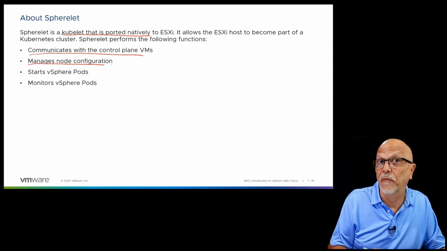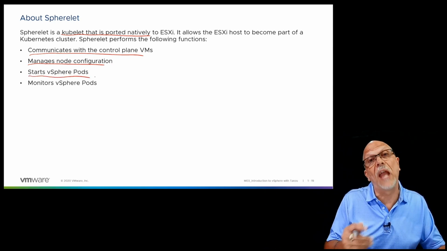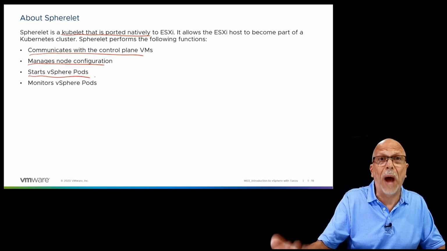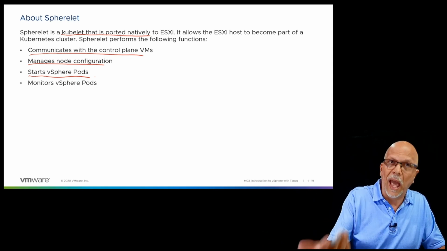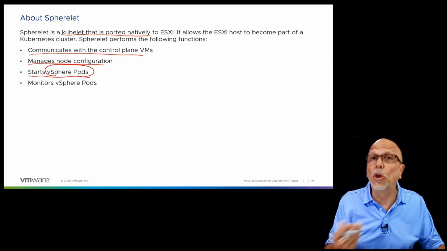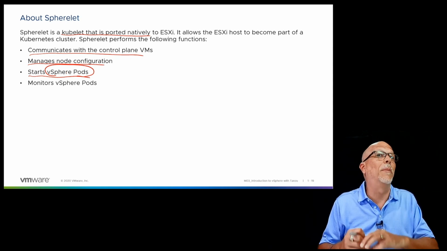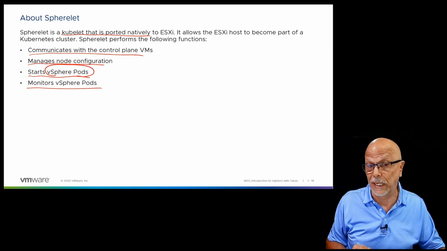That would be that type of node configuration. It would also be something about saying, hey, worker node, start this pod. If I'm saying start a pod, that goes from the API server via Spherelet, and in turn we would be starting up a vSphere pod. Kubelet is always reporting back to the API server how many pods are running on that worker node. So that's the same functionality here.